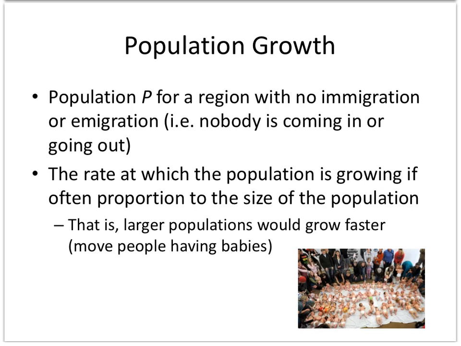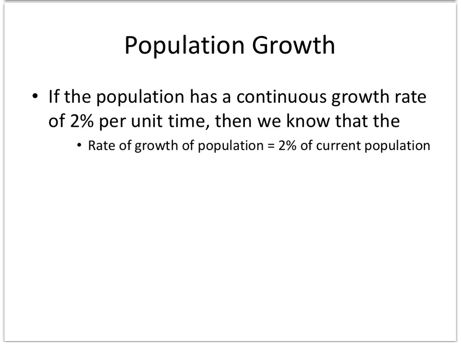These are population things that work with exponential functions. So if the population has a continuous growth rate of 2% per unit of time, whatever years we're looking at, then we know that the rate of growth of the population is 2% times the current population. That is an actual constant of proportionality times a variable, so you know that this would be exponential.